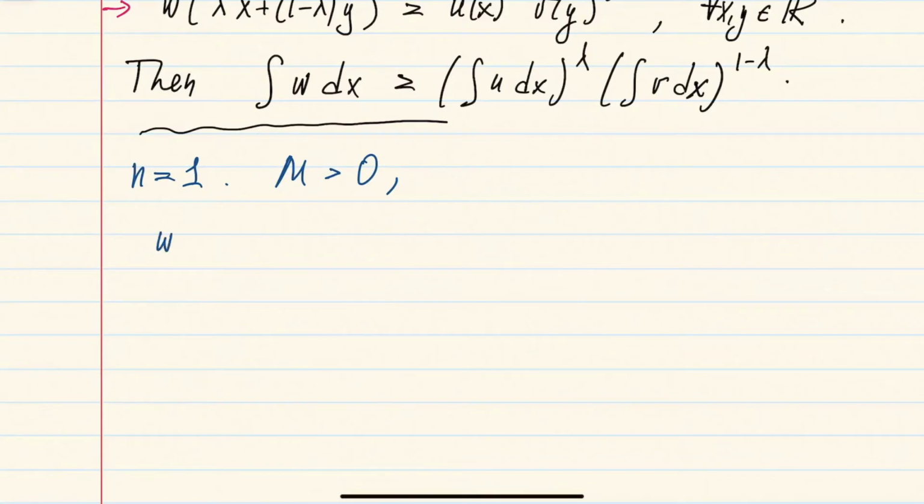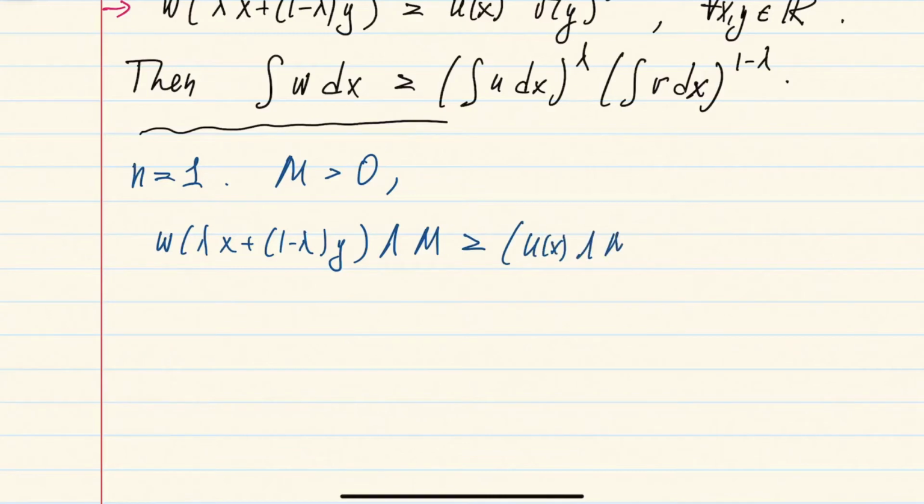So you can write that w evaluated at this convex combination, the minimum of w and the constant m, so you truncate it at m, will also be greater or equal than u of x truncated at m to the lambda times v of y truncated at m to the 1 minus lambda. If you take a minimum on the right hand side between your function and m, then of course automatically on the left hand side you will also have something which is less than m.